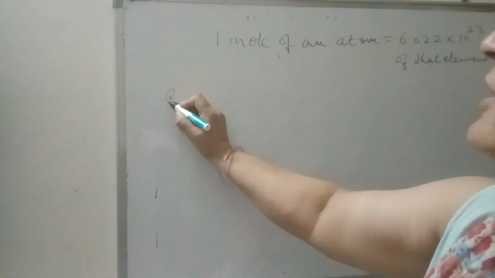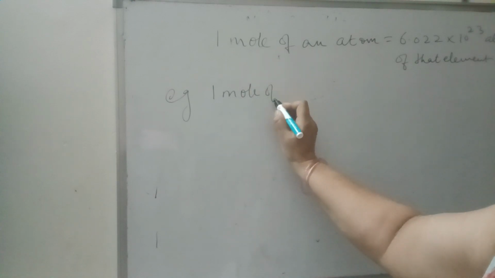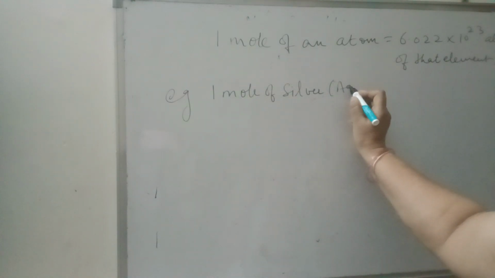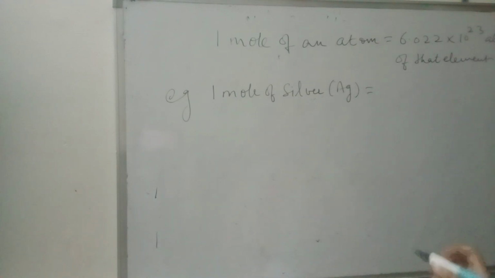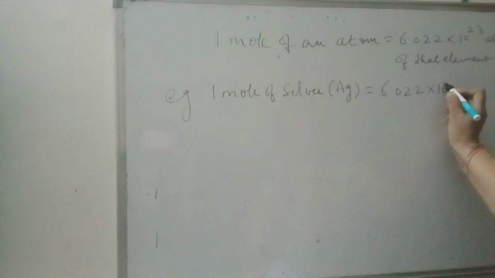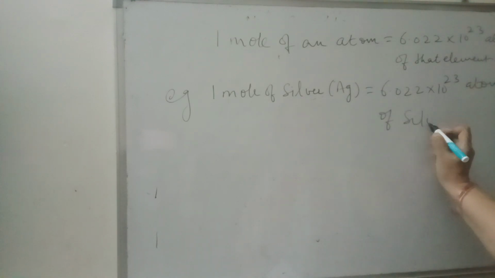For example, 1 mole of silver. Silver is Ag. It is containing 6.022 into 10 raised to the power 23 atoms of silver.